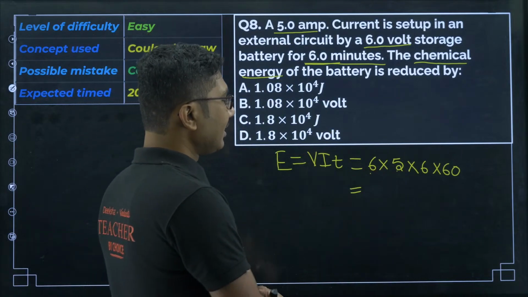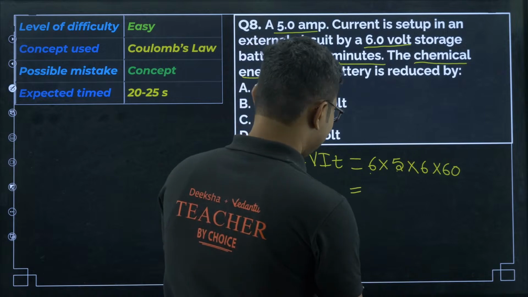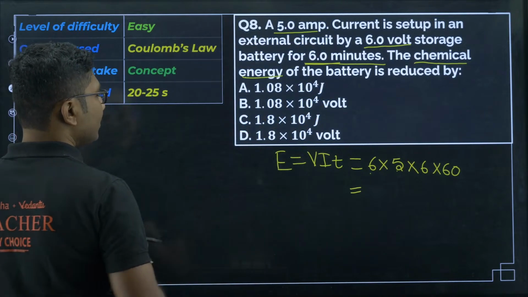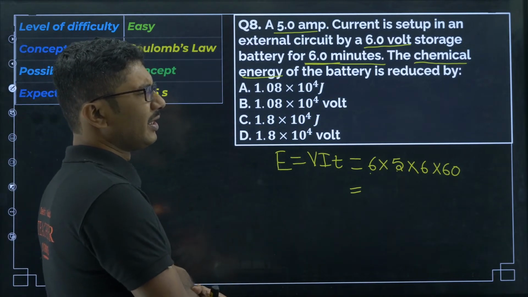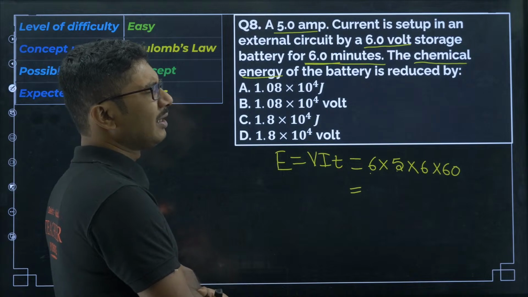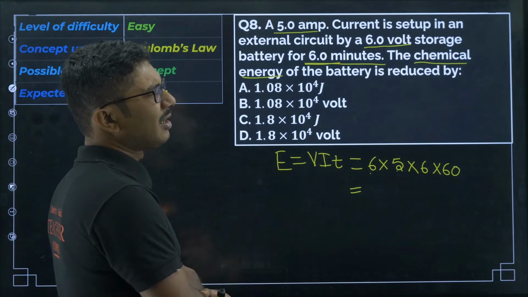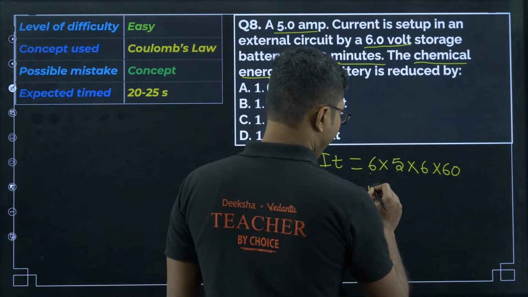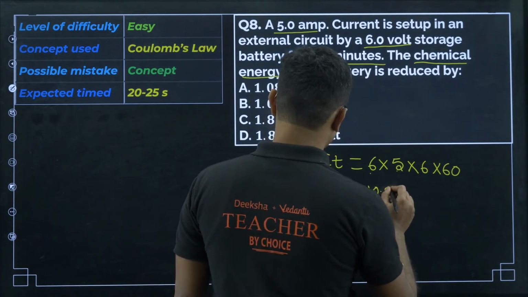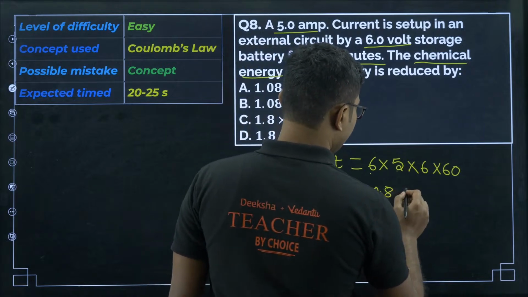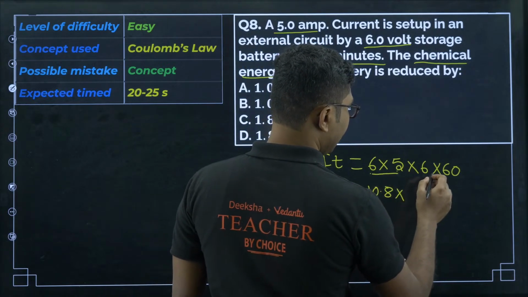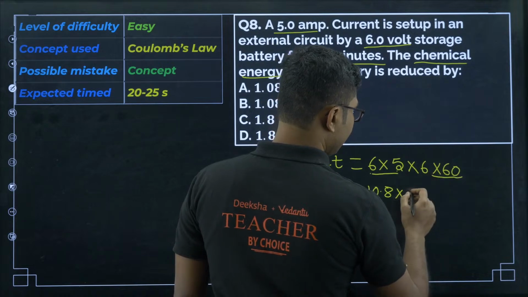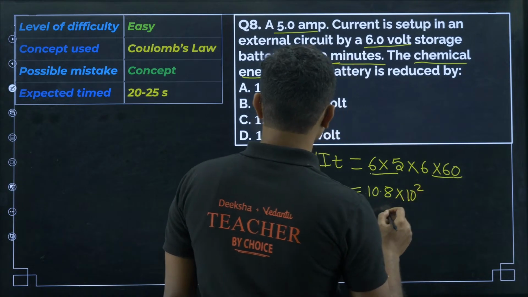30 into 36, 30 into 36. So, it will be 36 into 3, 9 and 9 plus 1.8, so 10.8.